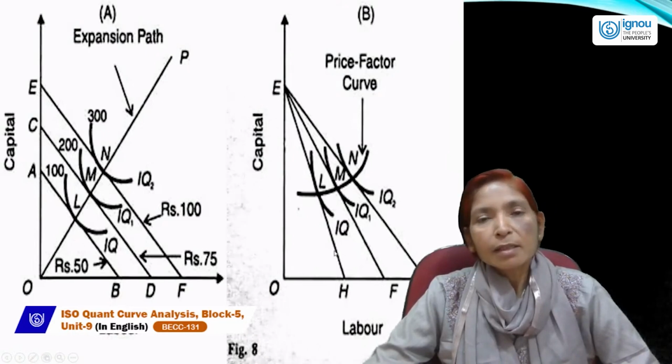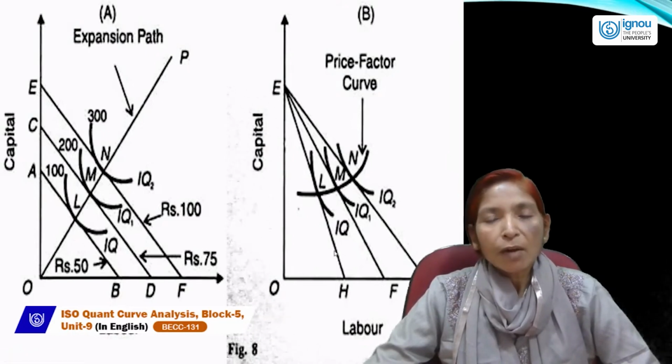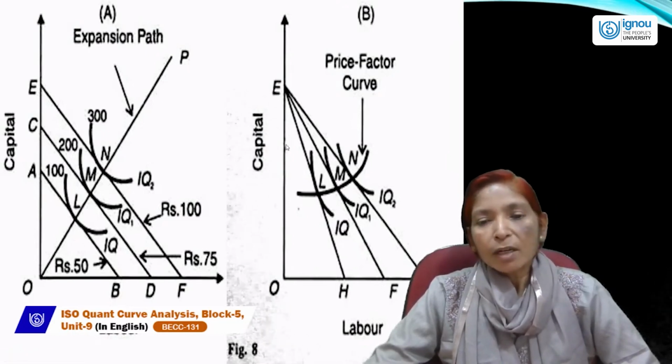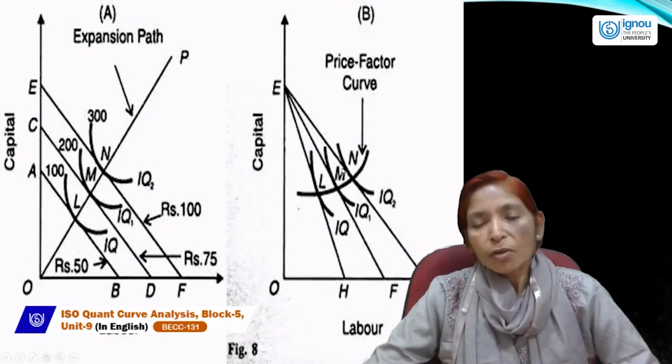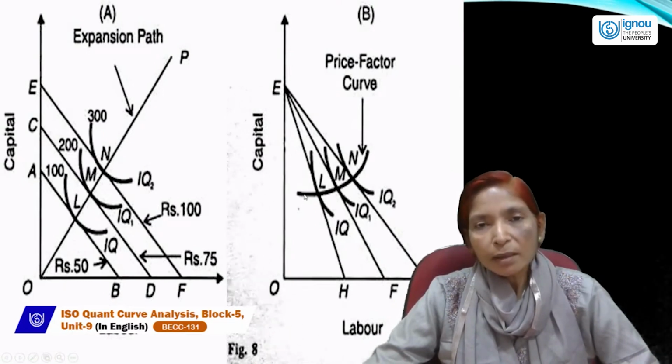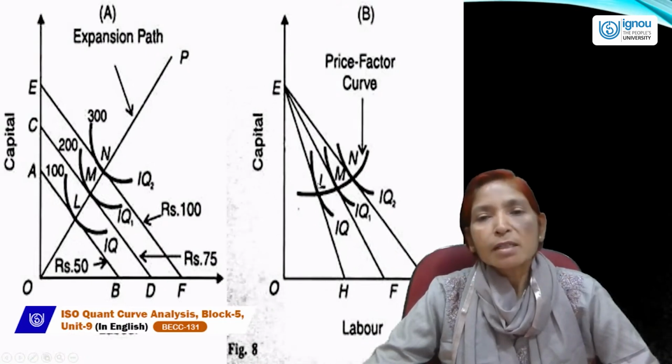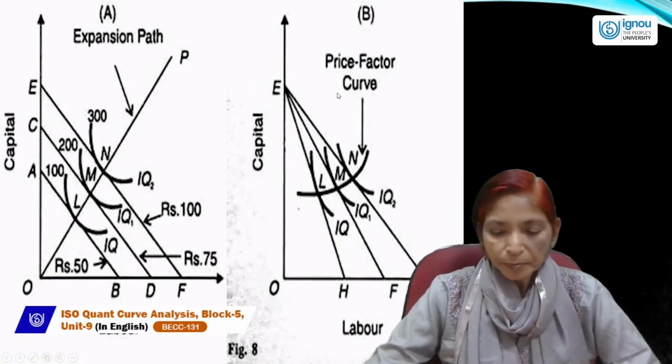In that case, the line will rotate leftward, and where the isoquant curve is tangent to these three isocost lines, we will get L, M, N, three equilibrium points. If we join these three equilibrium points, then we will get a curve which is known as the price factor curve.